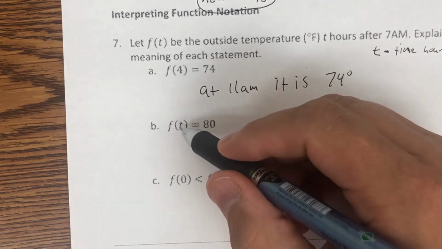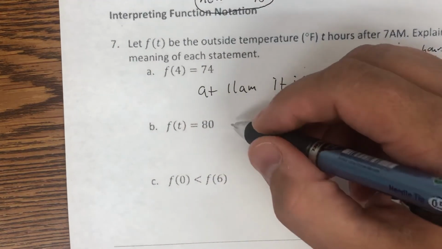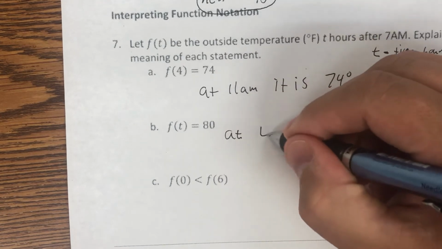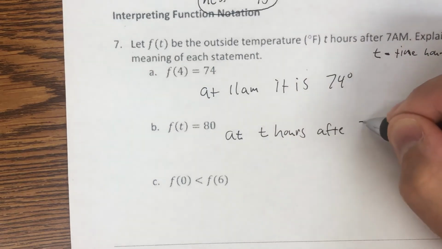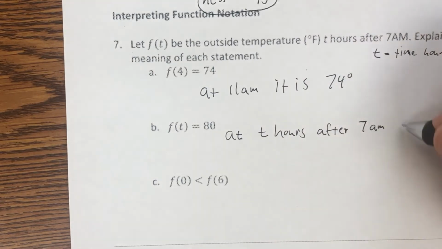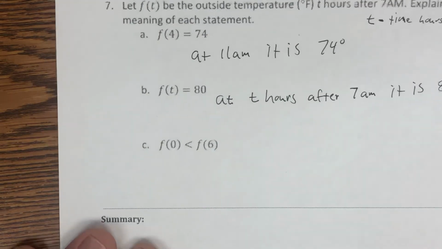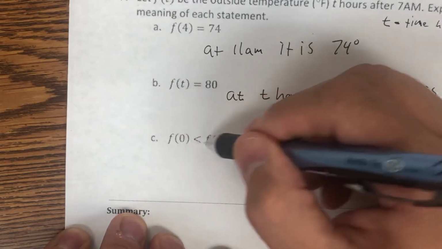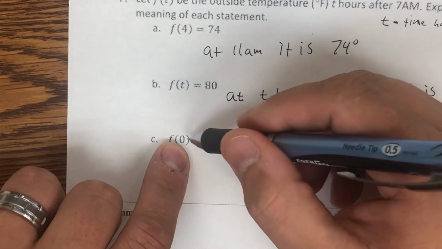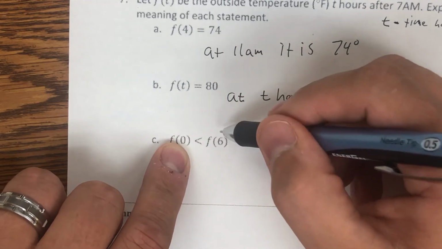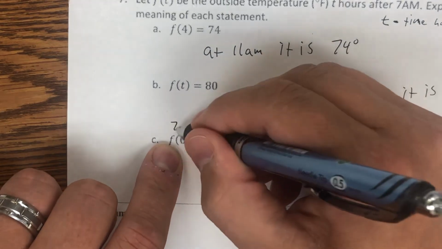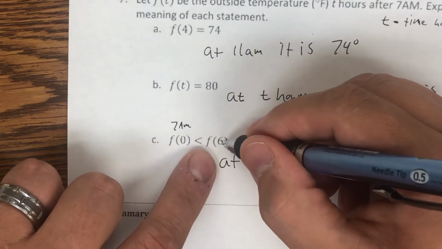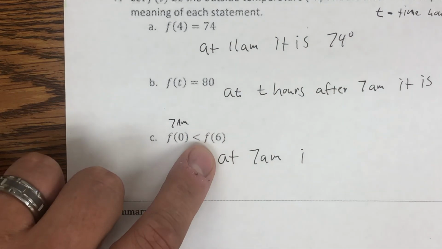This one says f of t. So at t hours after 7 a.m., it is 80 degrees. And this one says f of 0 is less than f of 6. So at 0 hours, it is cooler than at 6 hours. So at 7 a.m., and 6 hours after 7 a.m. would put me at, well, I got to use my fingers for this.